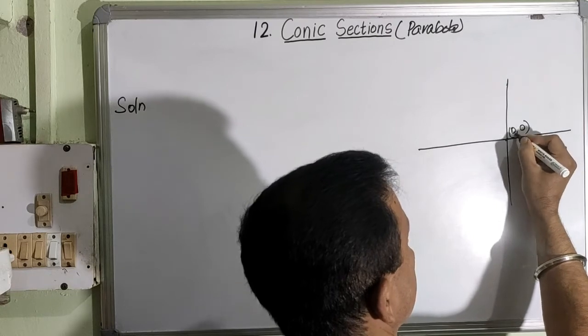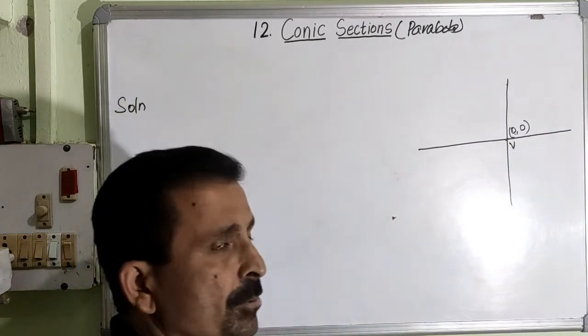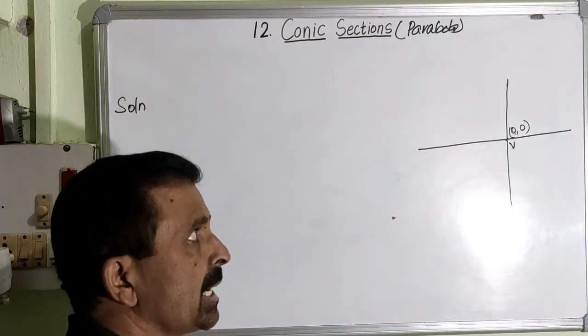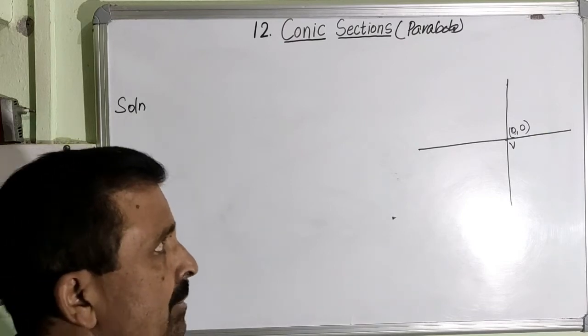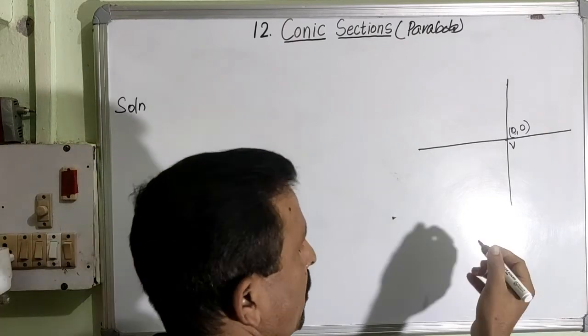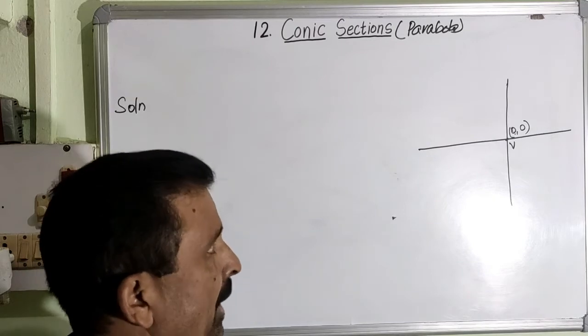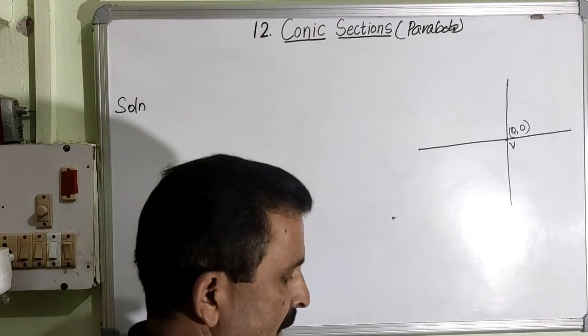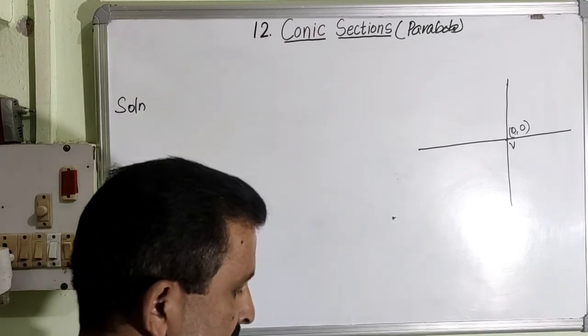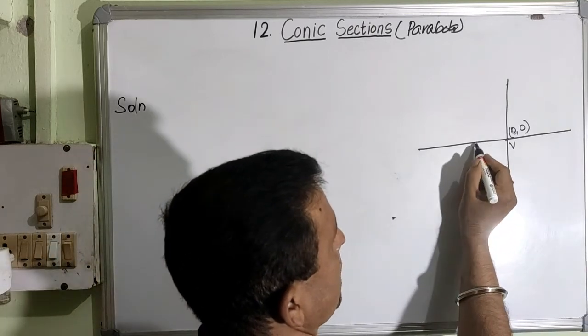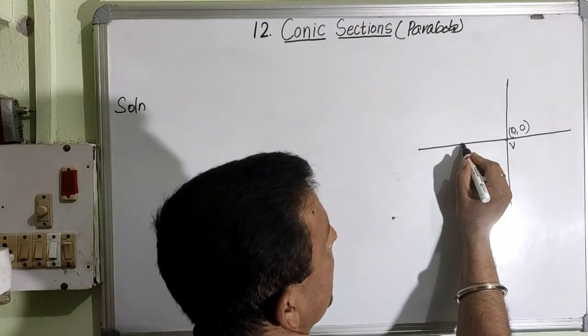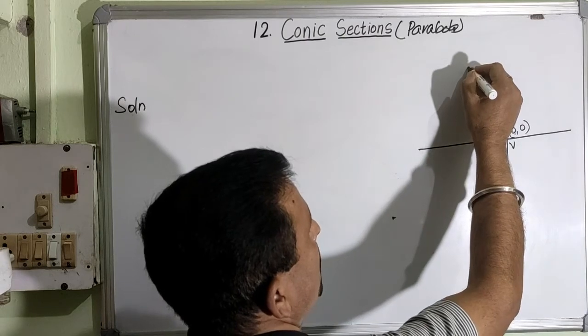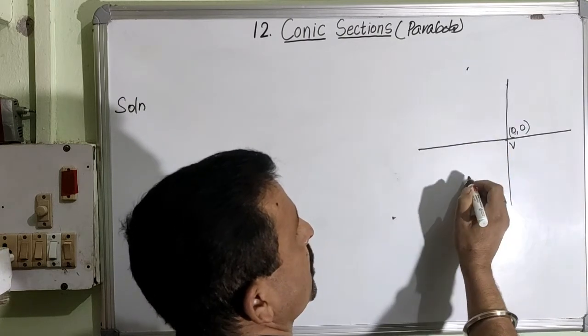When the vertex is at the origin, then there is not much difficulty. Please remember that. And now there is a point. This parabola passes through the point negative 3 and 6. So x is 1, 2, 3 negative, and then 6 somewhere here up, right? This is one point through which the parabola is passing.